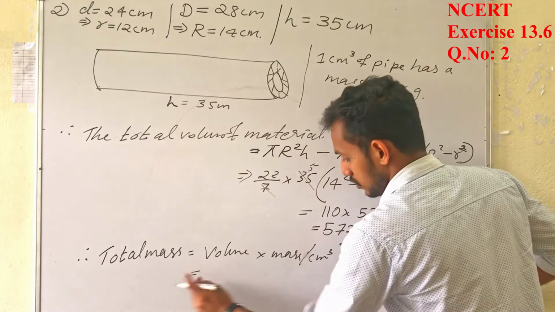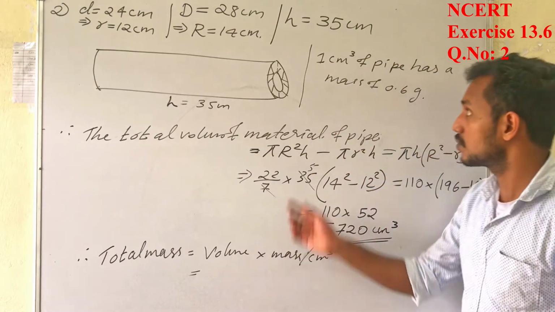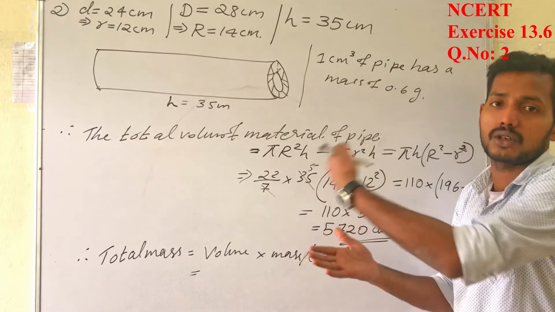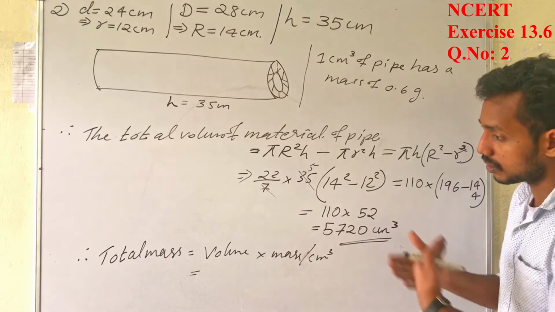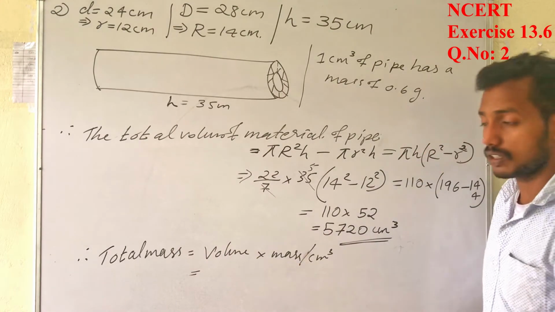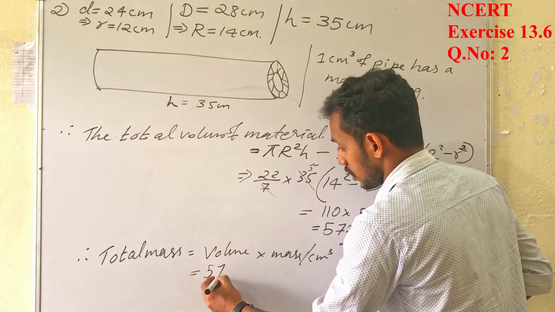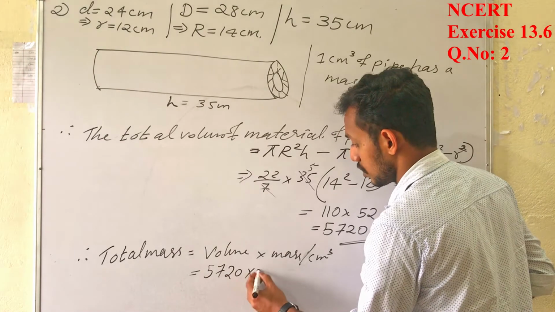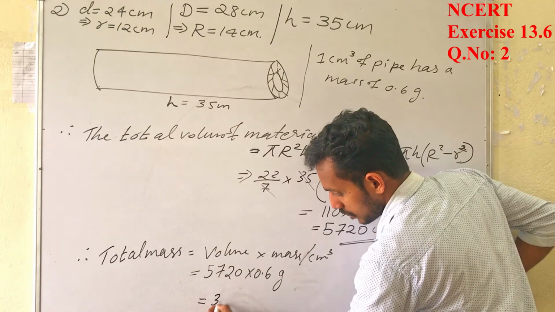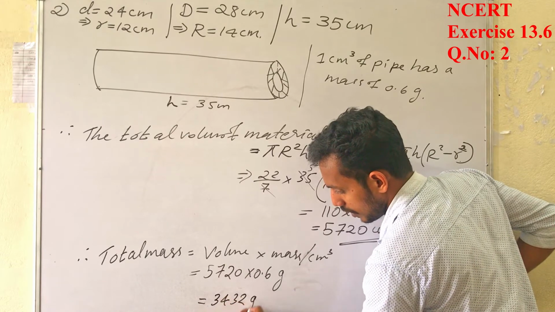For 1 centimeter cube, 0.6 gram is there, then for 2 centimeter cube it is 2 into 0.6. So similarly the total mass will be the volume into mass per centimeter cube, which is equal to 5720 into 0.6 gram, which is equal to 3432 gram.